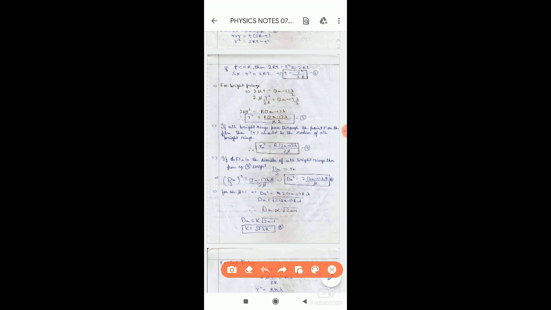So from here we find that Dn is directly proportional to under root (2n minus 1), and by taking a constant of proportionality k, it becomes Dn equals k under root (2n minus 1), where k equals under root of 2 lambda R. Equation number 6.